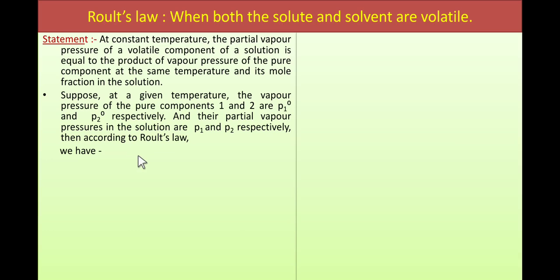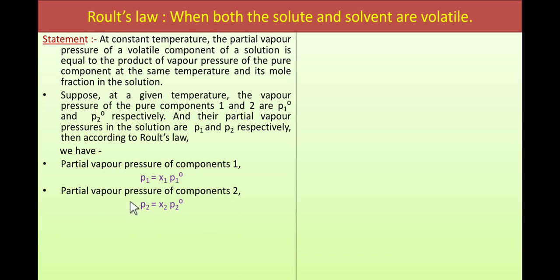Then according to Raoult's law, the partial vapor pressure of component 1, you may consider it as a solvent, is P1 equals x1 times P1 naught, just like the previous equation. And the partial vapor pressure of component 2 is P2 equals x2 times P2 naught, where x2 is the mole fraction of component 2, that is solute.